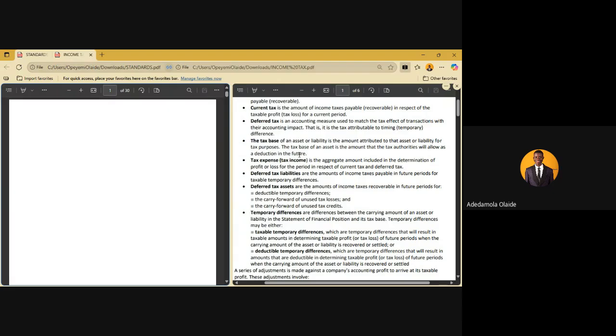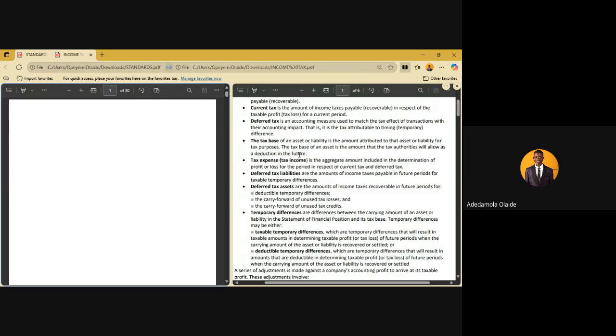When you now make profit, you relieve the losses against that profit before you pay tax on the balance. So if you have unrelieved losses, it is a deferred tax asset, because it will reduce your tax liability in the future. We calculate deferred tax asset on it.